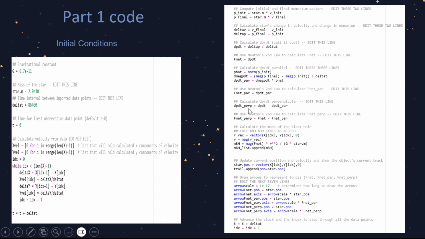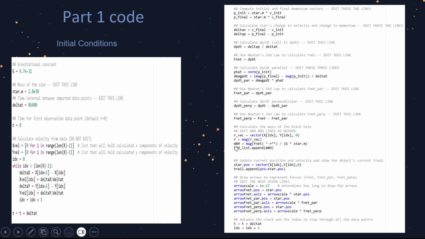And to find the perpendicular, you just do dp/dt minus parallel force, and that'll give you your F net perpendicular right here. And then using all of those, you can calculate the mass of the black hole with the gravitational force constant, solving for mass.